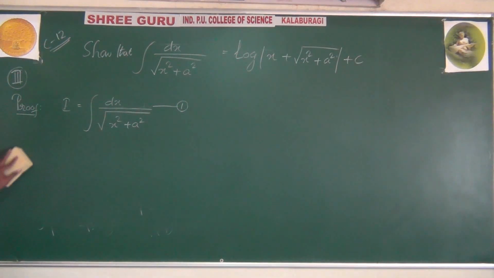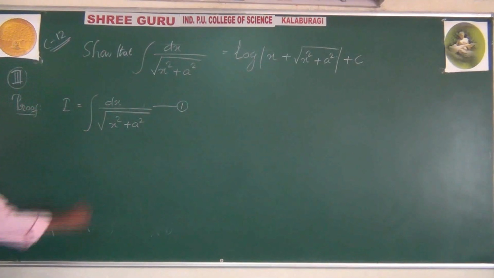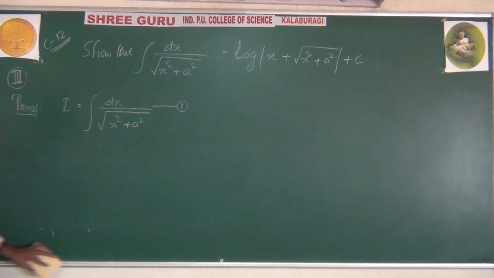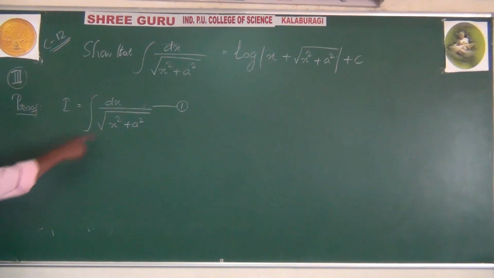Refer to the previous classes. Since square root of x square plus a square is present, we need to put x equal to a tan theta.